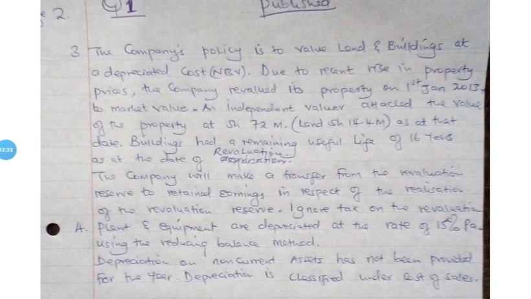So the difference between 57,600 and 38,400 is 19,200. So 19,200 is the amount the buildings were revalued upward by.